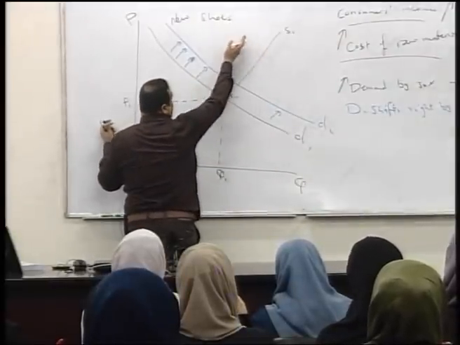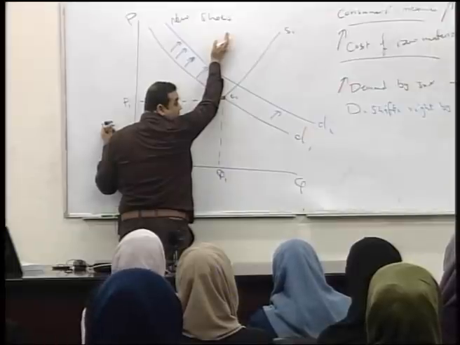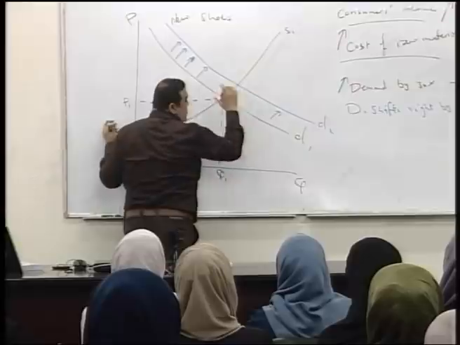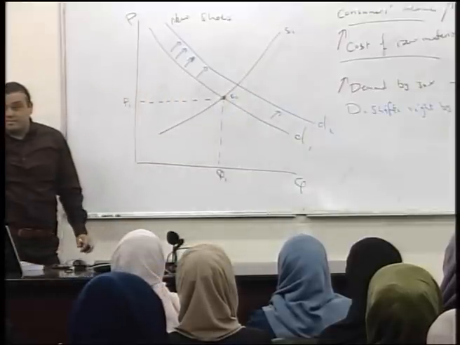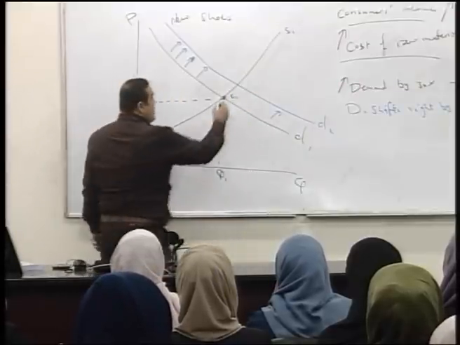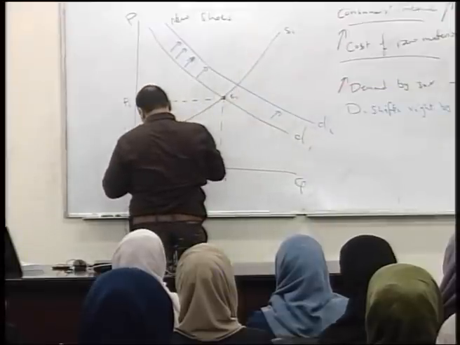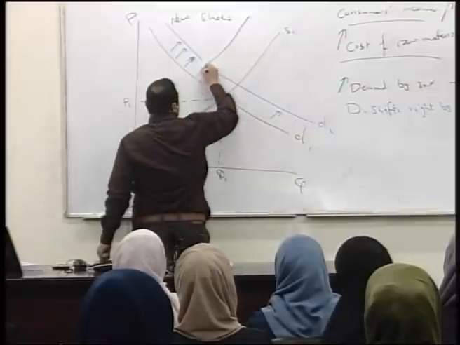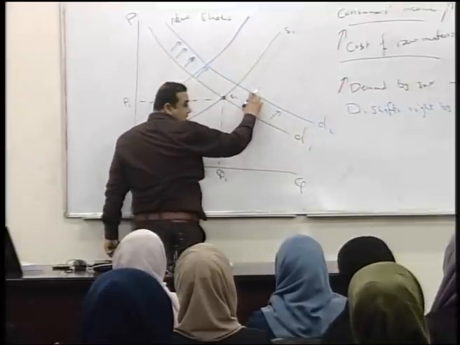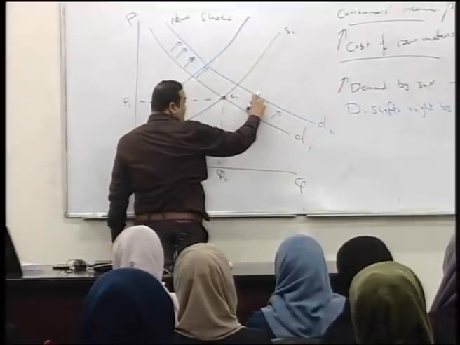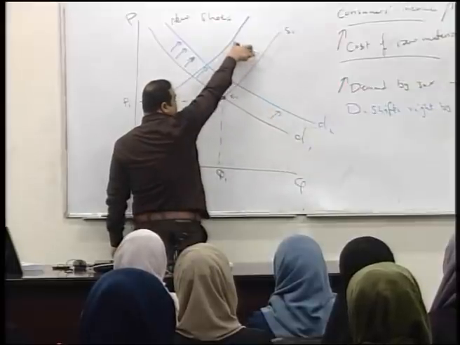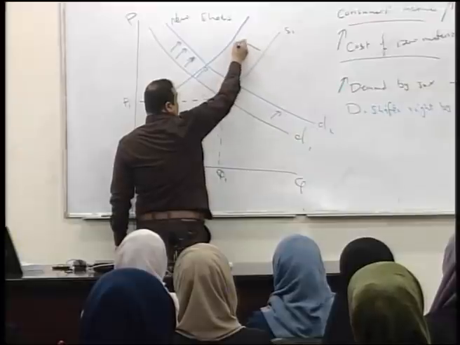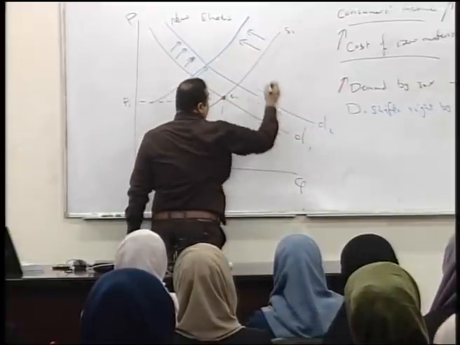The leftward shifting in supply is 50%, which should be greater than the magnitude of a change in demand. So the magnitude of a change in supply must be bigger than the magnitude of a change in demand. Here this distance is about 30%, here this distance about 50%. So this is S2.